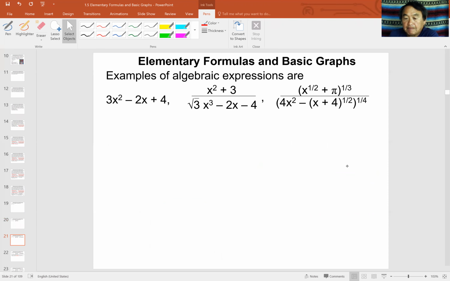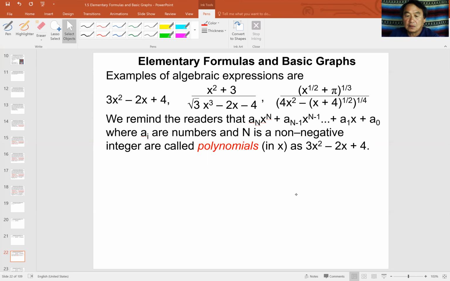So these are algebraic families, and the word algebraic basically means that if I give you a number x, it's reasonable that I can calculate with these numbers, like taking a square root or half power, and that's doable. And with a number I can take the cube root, which can be calculated by hand. That's what the word algebraic refers to, and these are all algebraic formulas.